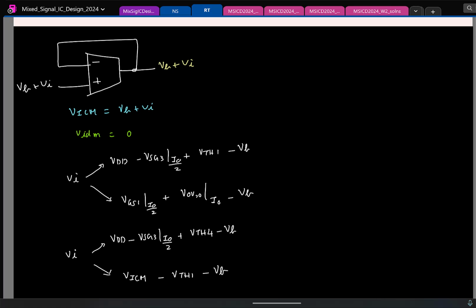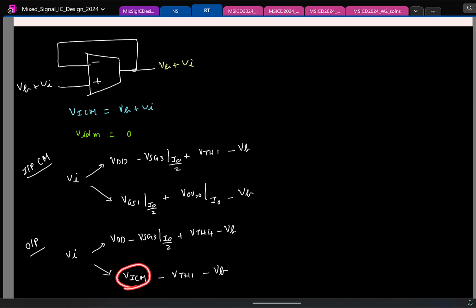So now this is set by the output, this is set by the input common mode. Let's look at the limit set by the output first. Let's look at the lower limit. My output swing limits constrain that my small signal Vi at the minimum can reach only this much.